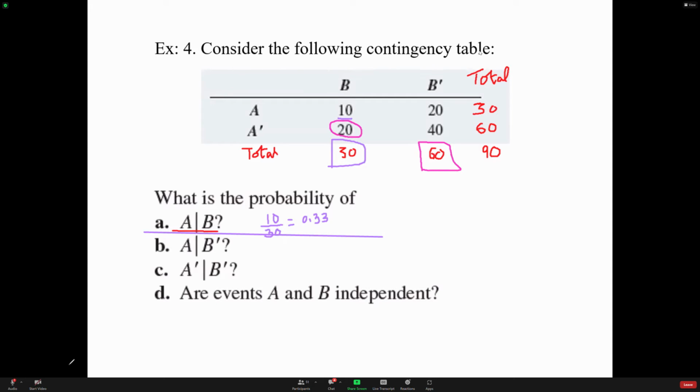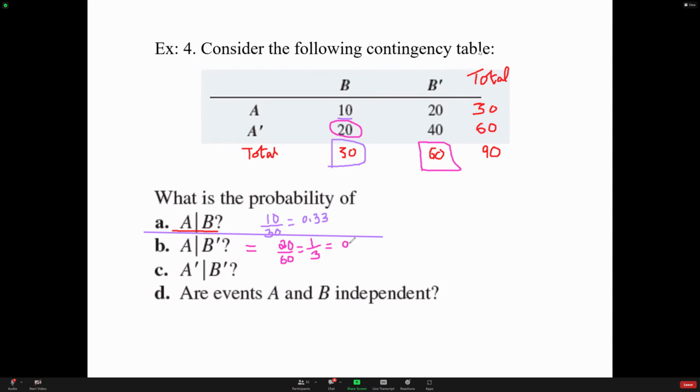So here you can write 20 over 60. That can be 1 over 3, the same thing. So you may get 0.33.